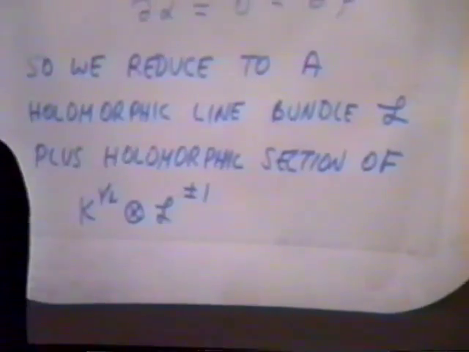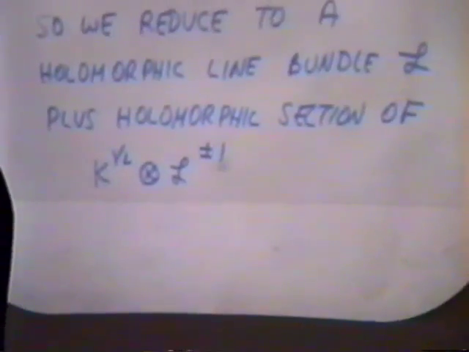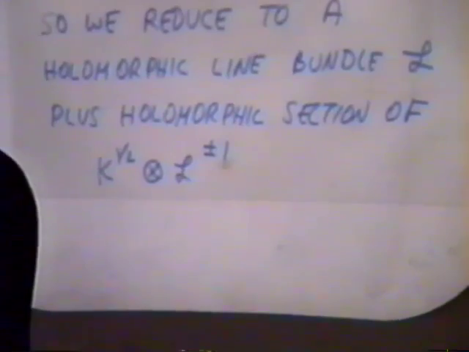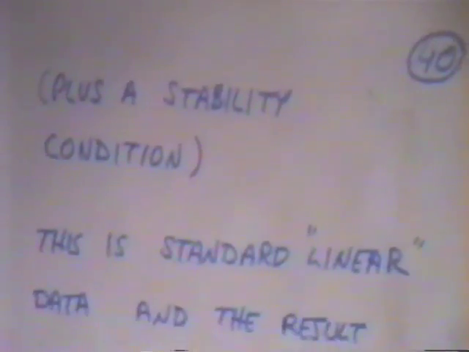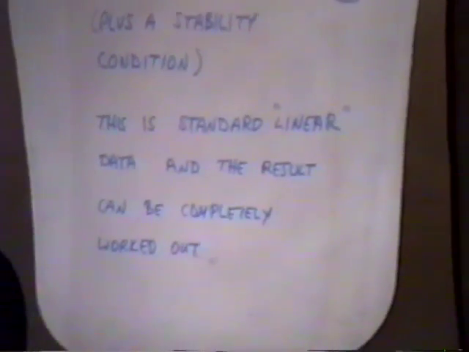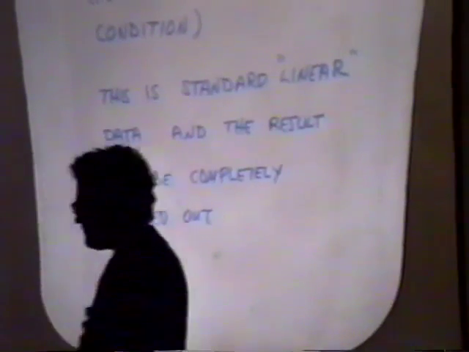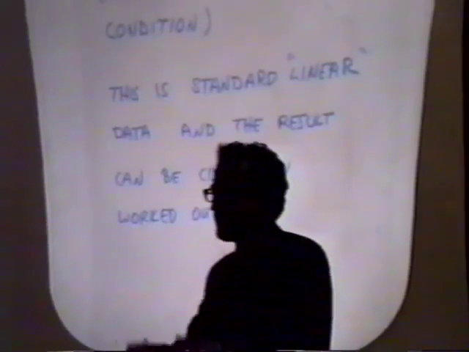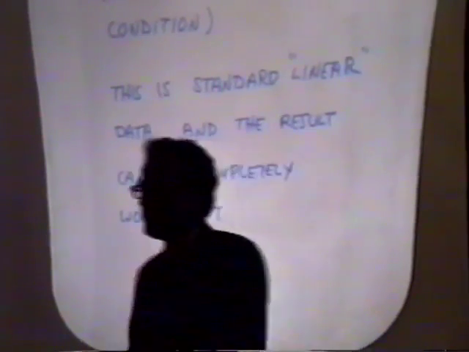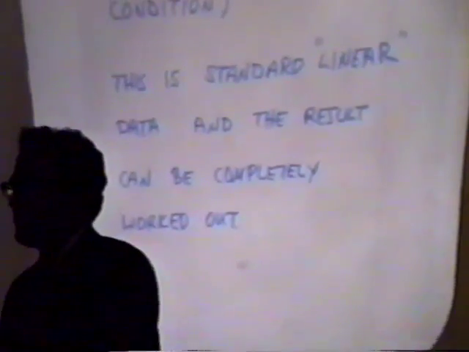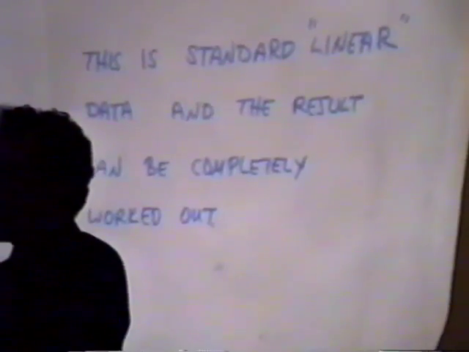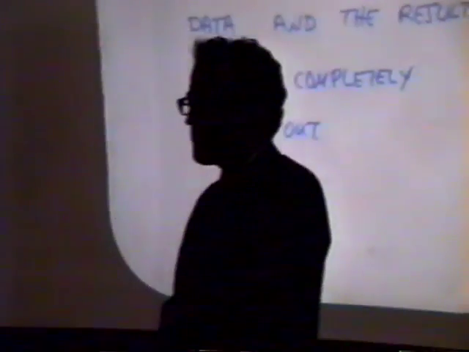You've reduced to a holomorphic line bundle and a holomorphic section of another line bundle, plus a stability condition, which comes from the last equation. And now you have standard linear data, and it's obvious that the result can be worked out in principle. And you can even make it completely explicit in terms of geometric properties of the canonical divisor.